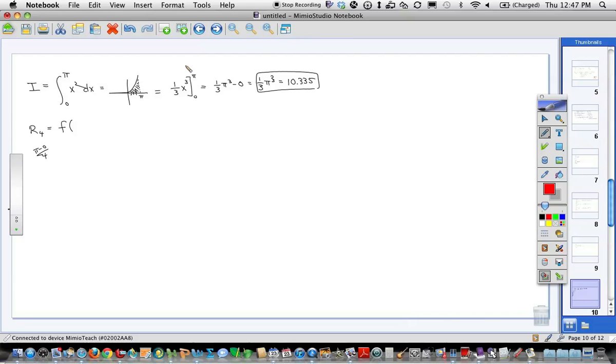So the first right endpoint is where? Pi fourths. So it'll be f of pi fourths times the width, pi fourths, plus f of... now, stop right there. One of the things I said yesterday is we're going to be looking for patterns.